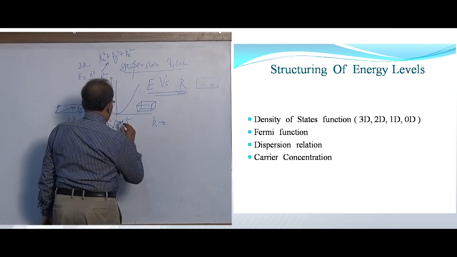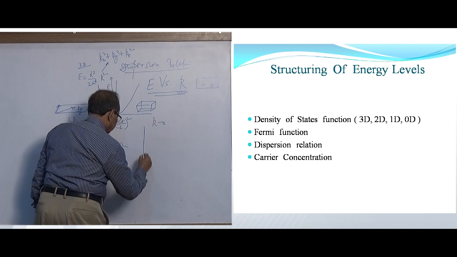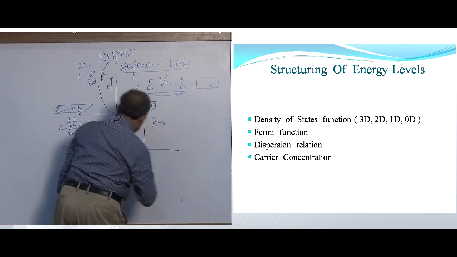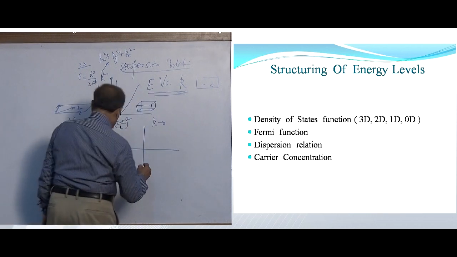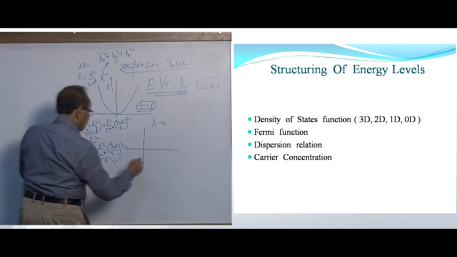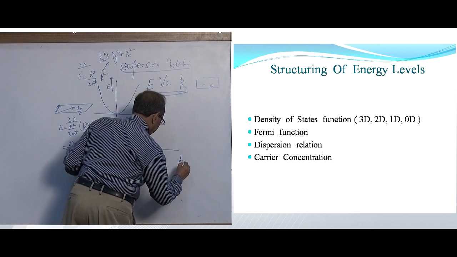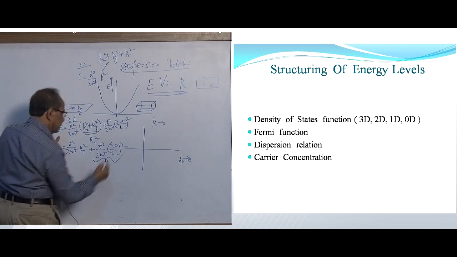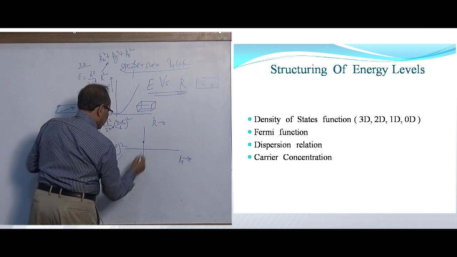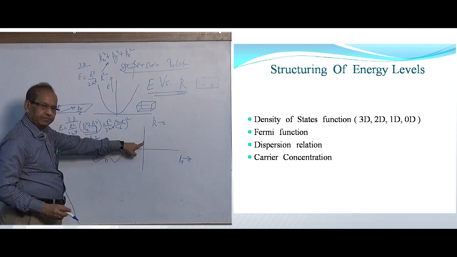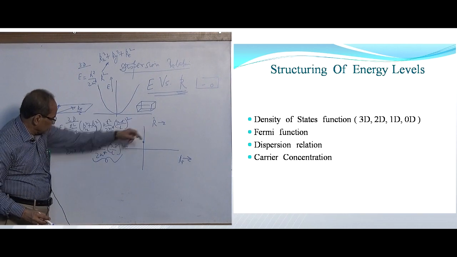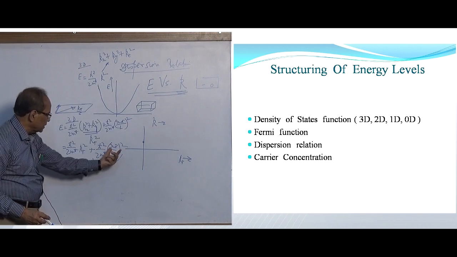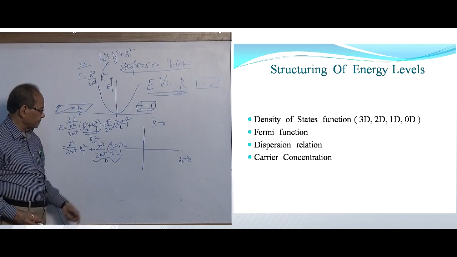If I draw the graph, with this as kt, then for kt equal to 0, still there is energy, this value. For kt equal to 0, there is some energy equal to h cross square over 2m star times n pi by L whole square.